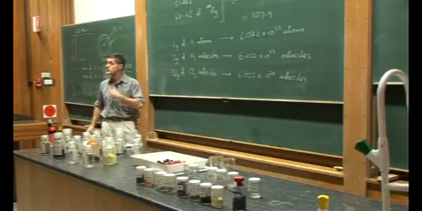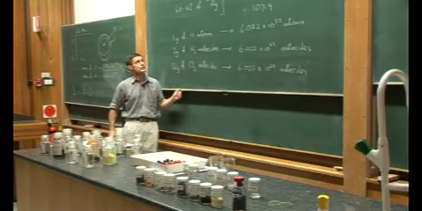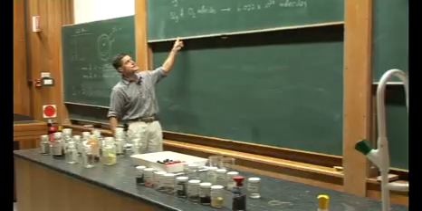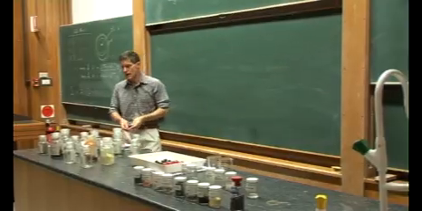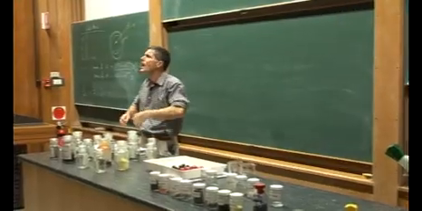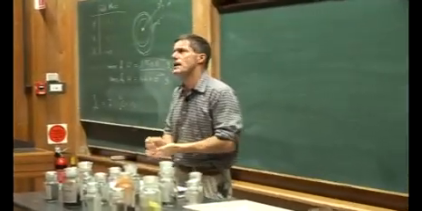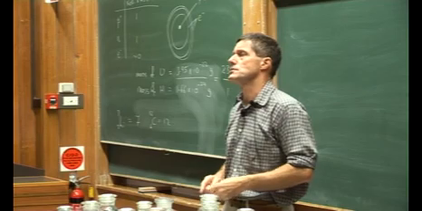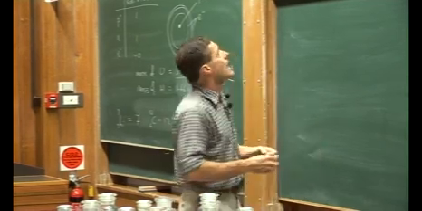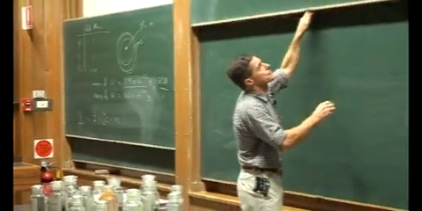So 32 grams of oxygen molecules contains this Avogadro number of molecules. If we have this Avogadro number, we call it 1 mole.